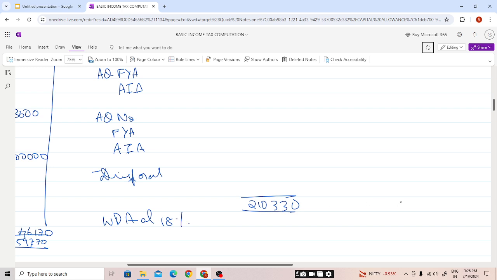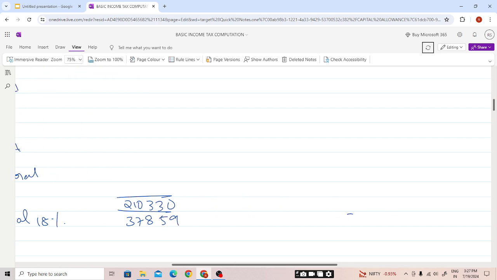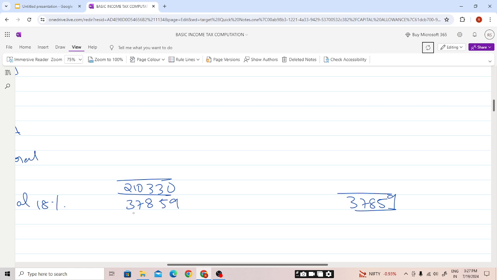So it will be 37,859. So this is the allowance, and this will be in our allowance column. So the tax written down value carried forward will be 172,471.